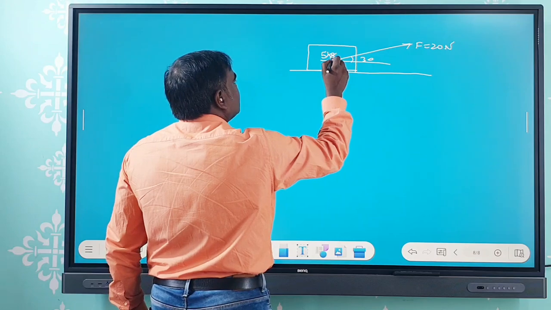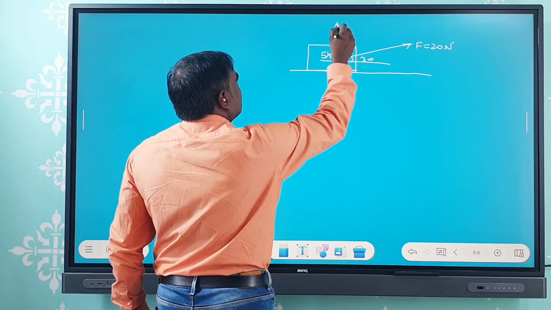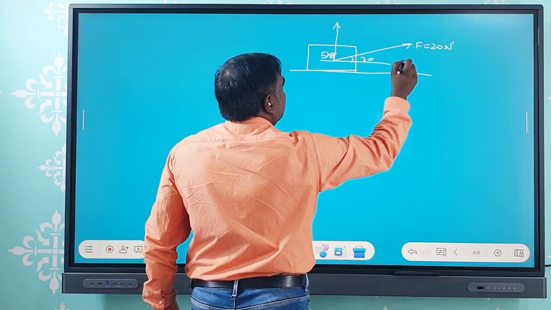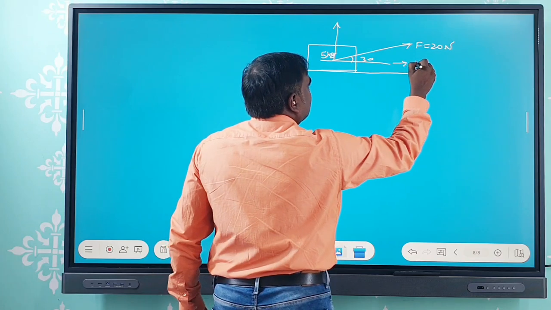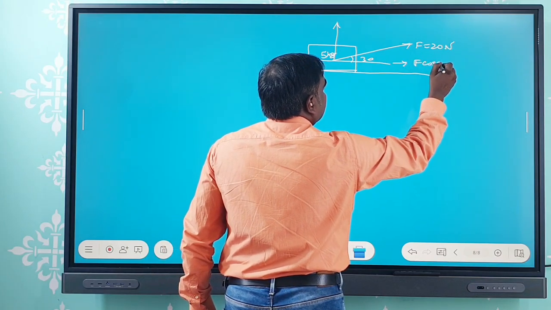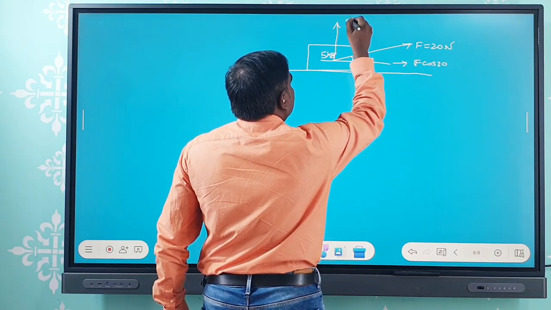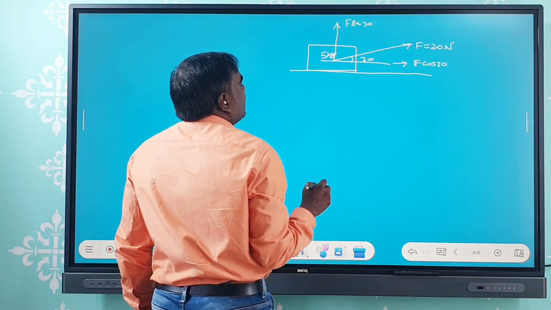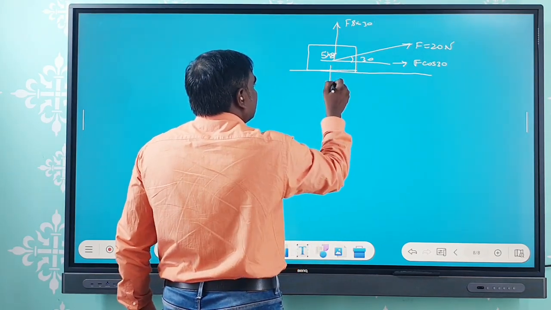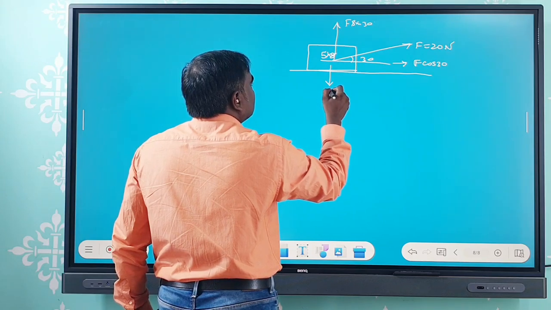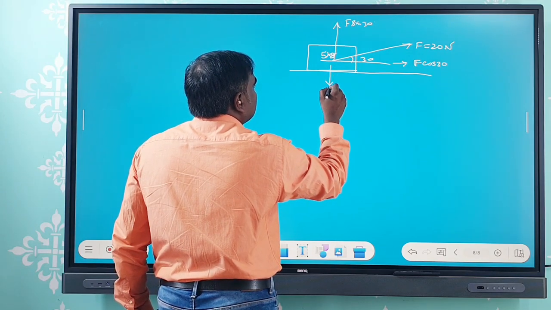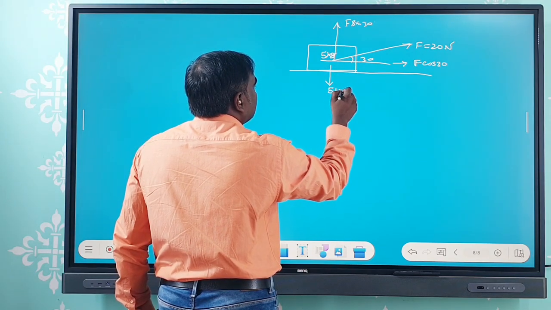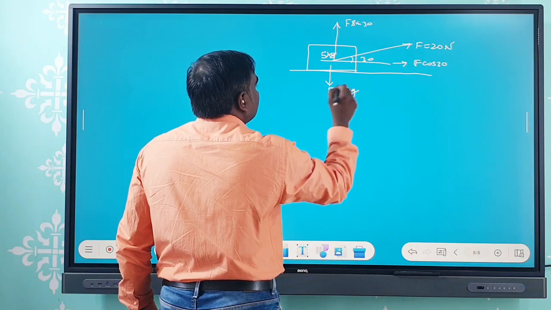So if you resolve this force into horizontal and vertical components, this will give F cos 30 and this will give F sin 30, right? And the weight of the block is downward, that is 5 kg into g.